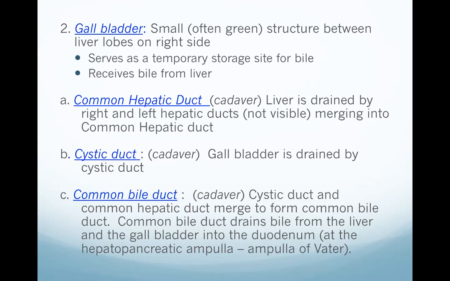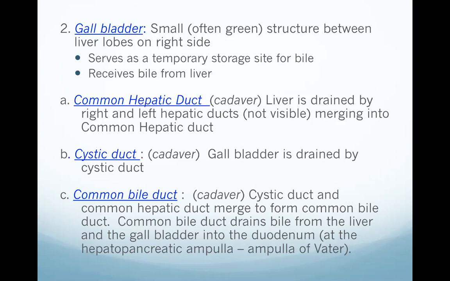So we use it as part of digestion, even though what it really is is simply a waste product. The bile, which is produced from the liver, is stored in the gallbladder until we have a meal that has a fair amount of fat in it. And then it gets released to help emulsify and break down fats.